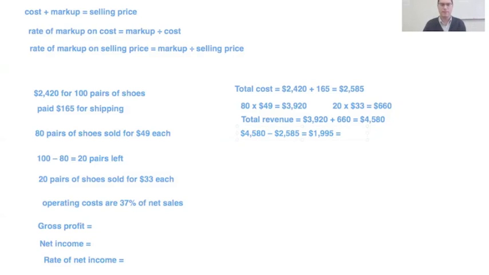That is the gross profit. Yay! So we can put that down here. Our gross profit is $1,995. And now I'm going to look at the textbook. We're going to have the moment of suspense where we see if I'm right. And yay, I'm right! Good for me.